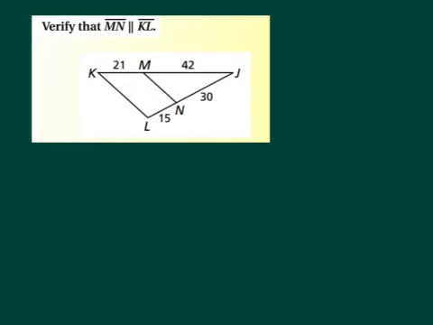So, an example just to apply this idea. We want to verify that side KL is parallel to segment MN. So how we're going to do that is prove that segment MN divides the two sides of the triangle proportionally. So we're going to set up two ratios. We're going to say that JM over MK, and we're going to plug values in just a second, but we're going to compare that to a second ratio, JN over NL.